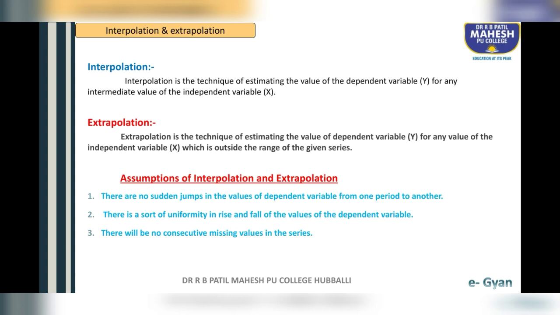So this means there will be no consecutive missing values in the series. These are the three important assumptions of interpolation and extrapolation. For 2 marks you have to write any 2 assumptions.